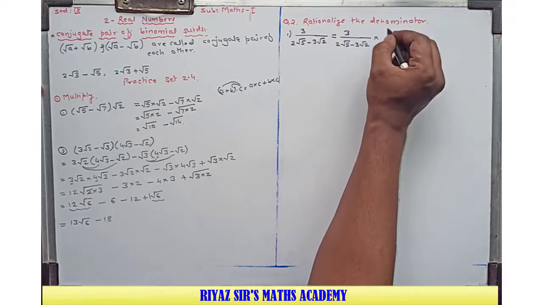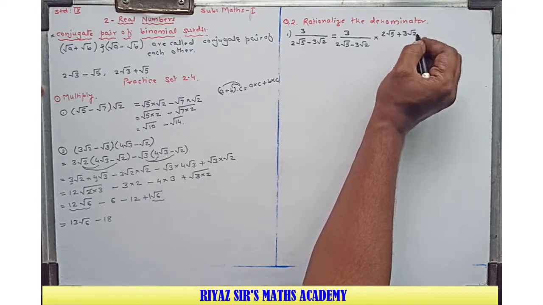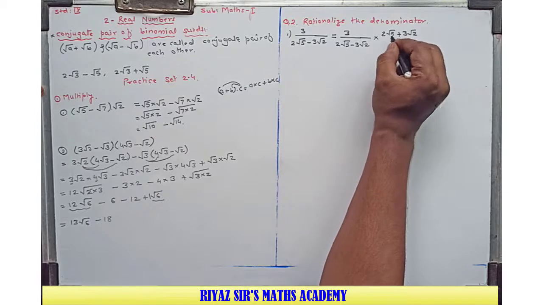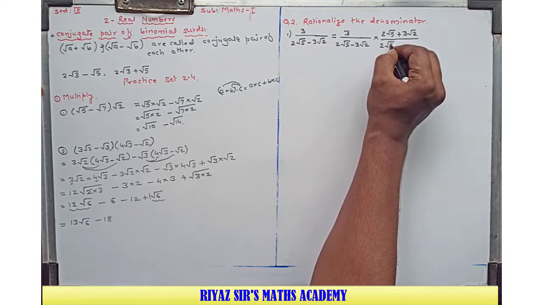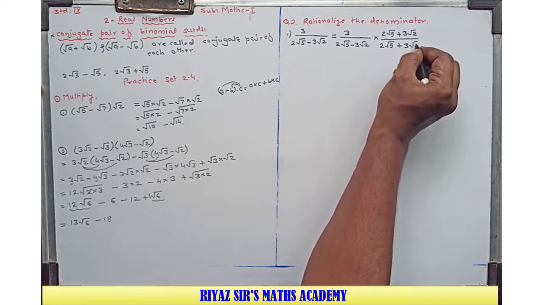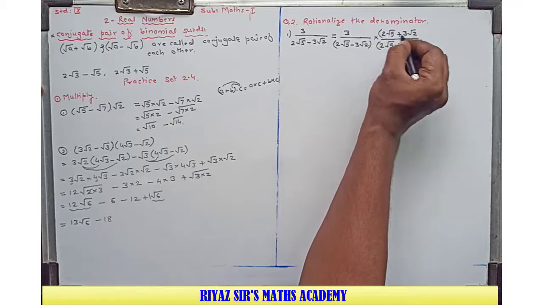So the conjugate will be 2 root 5 plus 3 root 2. Just change the sign, that is its conjugate, and we will multiply the numerator and the denominator by it. So that is 2 root 5 plus 3 root 2. Okay, like this. Any doubt in this?